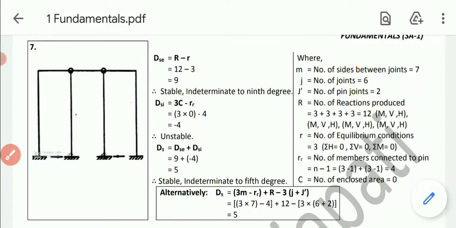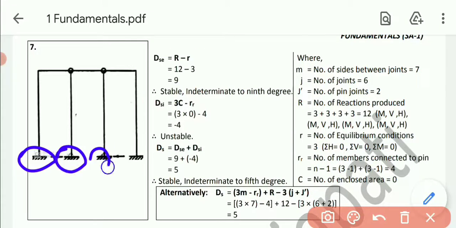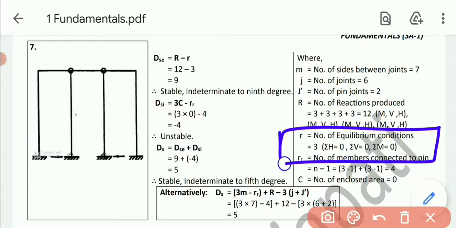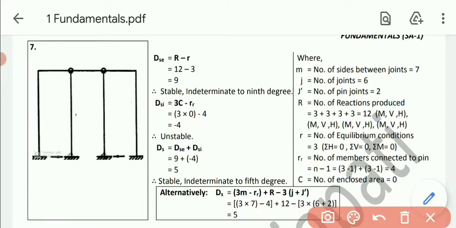Okay, so first of all, in this one, as 4 fixed supports are there, each fixed support will produce 3 reactions. So ultimately capital R, that is 4 times 3, we can say 3 plus 3 plus 3 plus 3, so ultimately 12. Small r is always 3. Now over here once again RR is given to us, the number of members connected. So first of all for this one, the number of members connected: 1, 2 and 3.